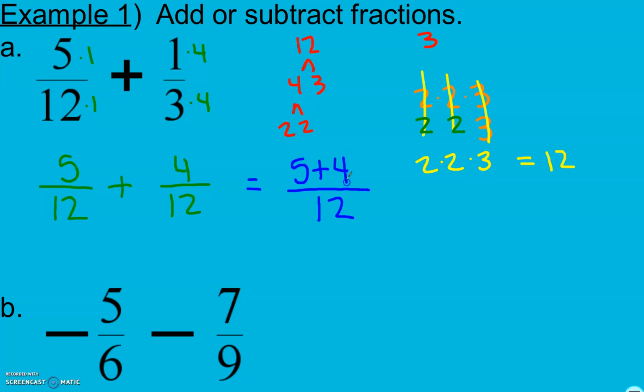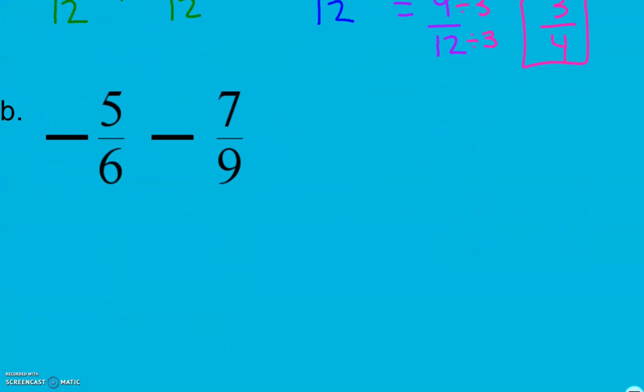So 5 plus 4 is going to give me 9 over 12. I'm going to simplify here because they both have a 3 that I can divide out, which means I'm going to get 3 over 4. So 5/12 plus 1/3 gives me 3/4.